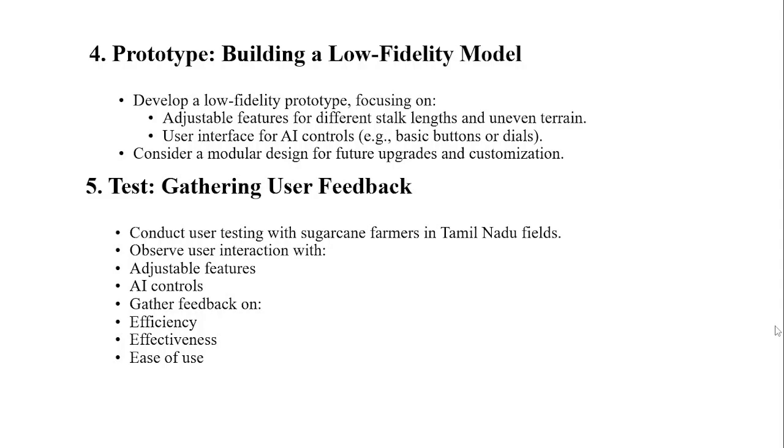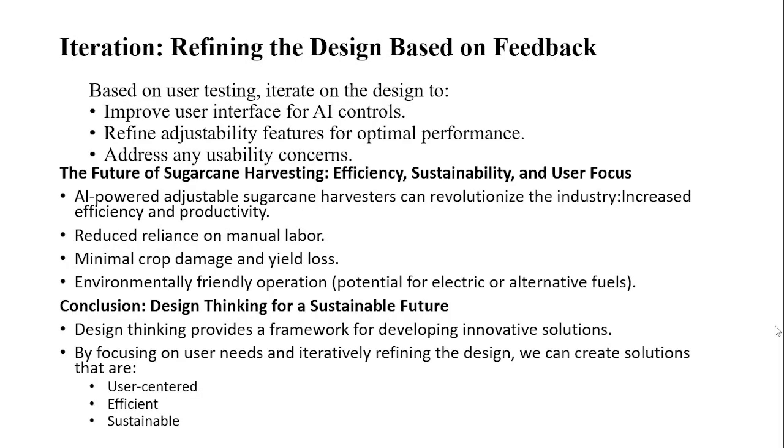Because in previous machines it was difficult to move on uneven terrain, now we can adjust the height of the machine with AI power, so the problem is solved. Likewise, we collect the feedback, incorporate the feedback solutions into the product, and refine the product for the market. It is not a one-step process; it is an iterative process.